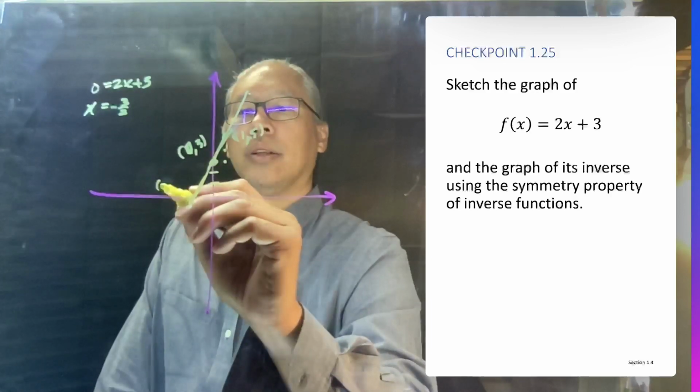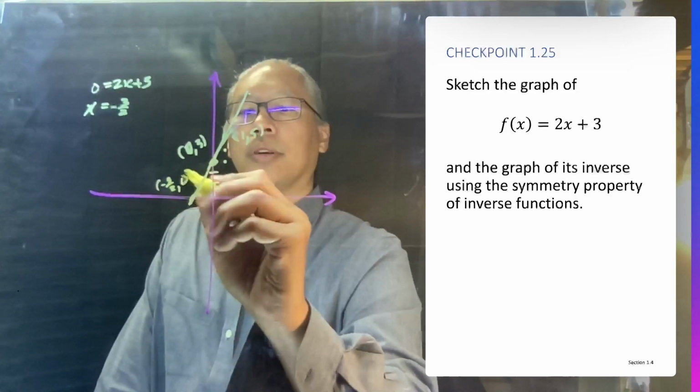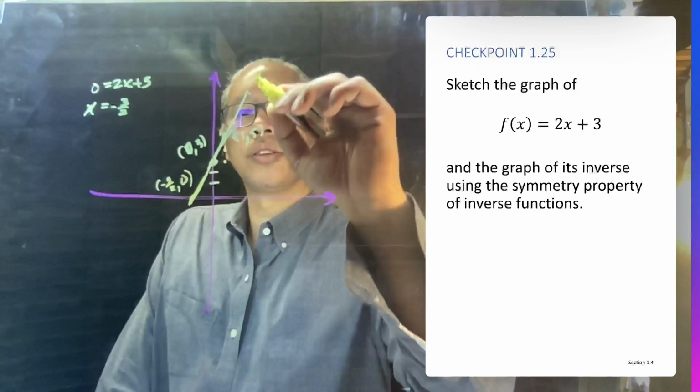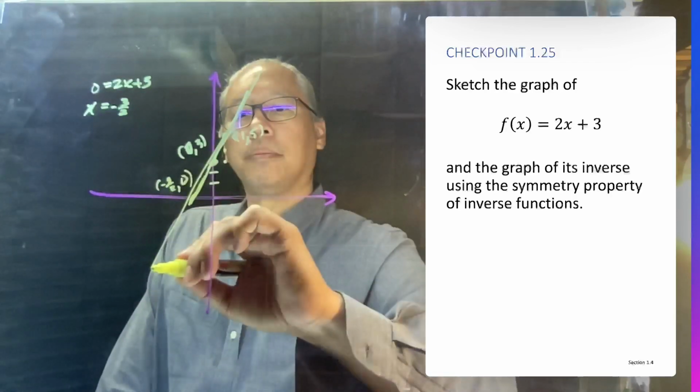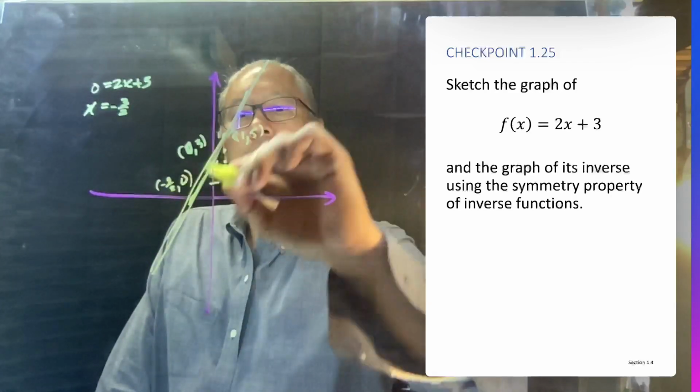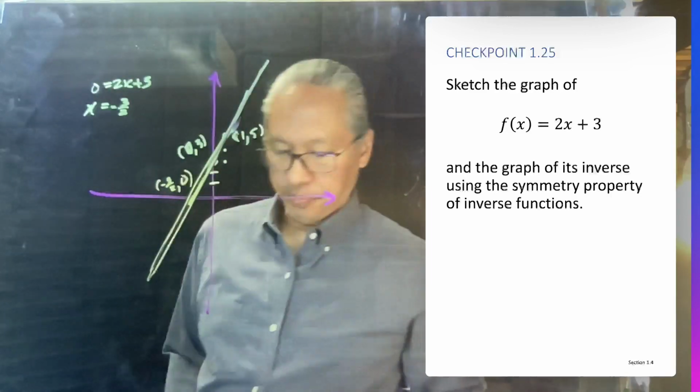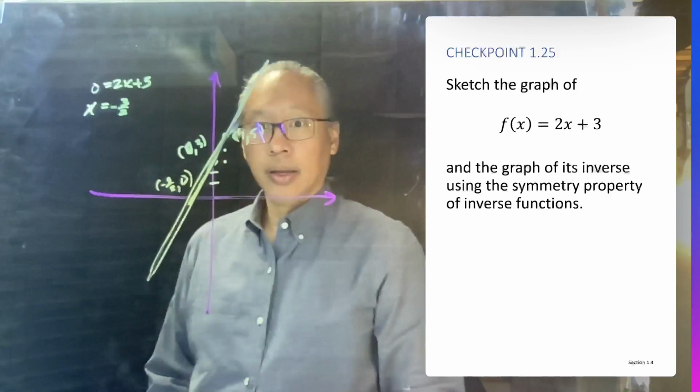So this is going to be negative 3 halves, comma 0, and that's just a line.